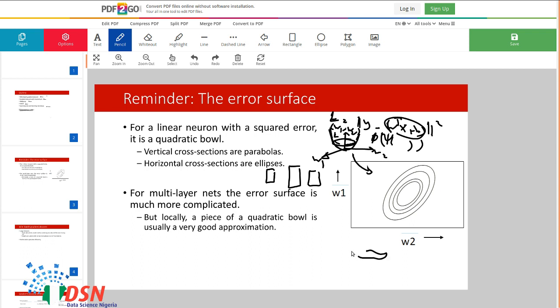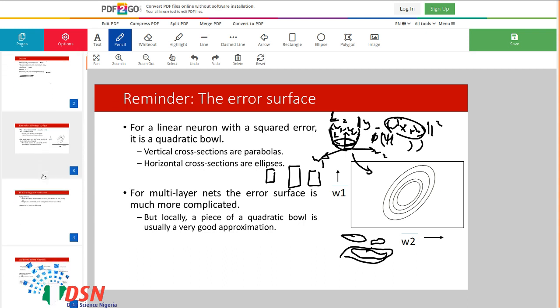Maybe the contours are like this. But actually they are locally quadratic, because we could write the Taylor expansion of them to approximate them very well with a second order Taylor expansion. We will see that in the next slides.